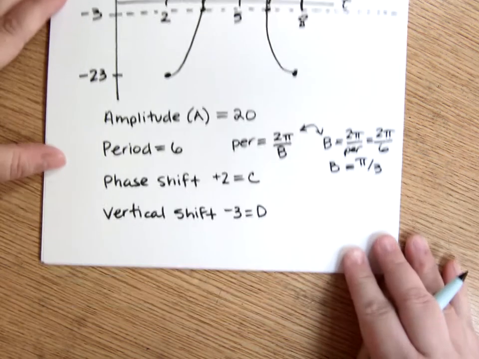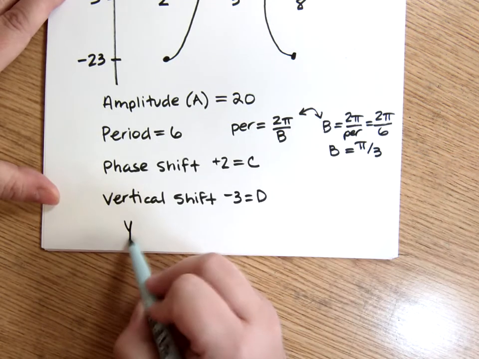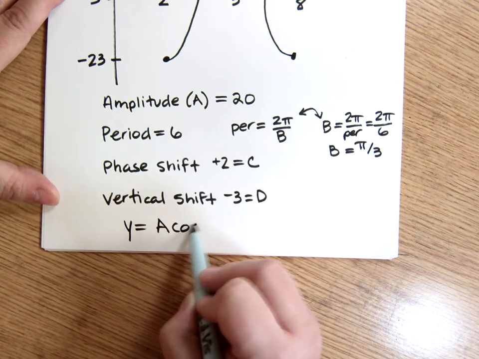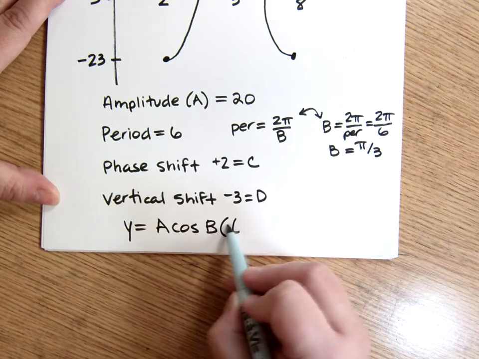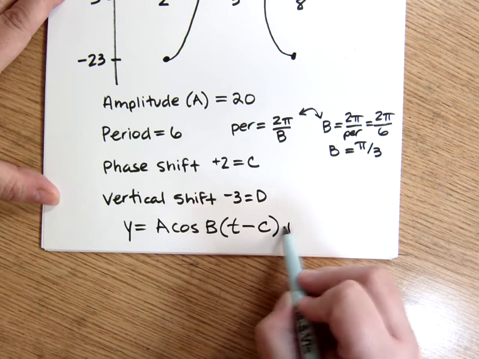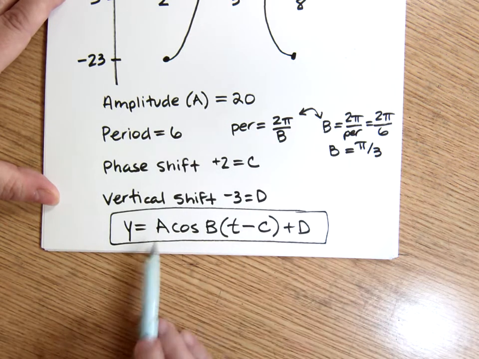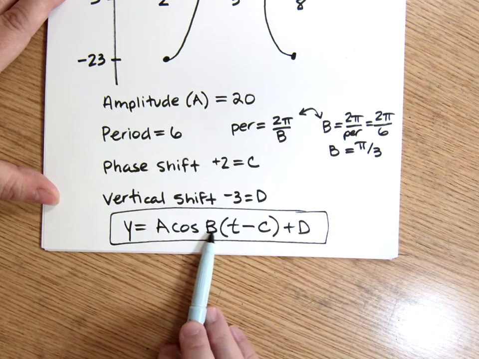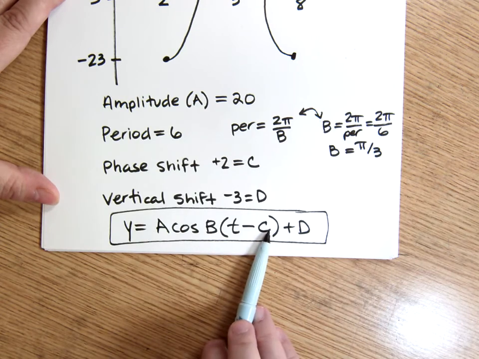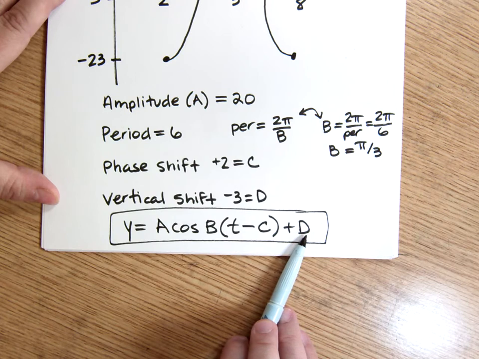Okay, and I'm going to plug these numbers into this format. This is my standard form equation that I'm using, where the amplitude goes here. This is that value of b that I got from the period. This is my phase shift, and this is my vertical shift.